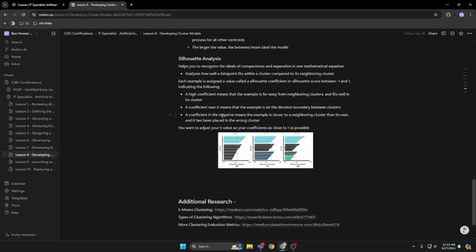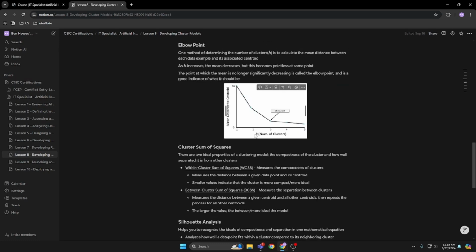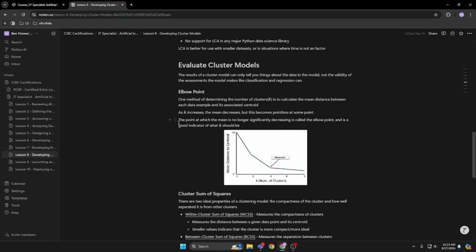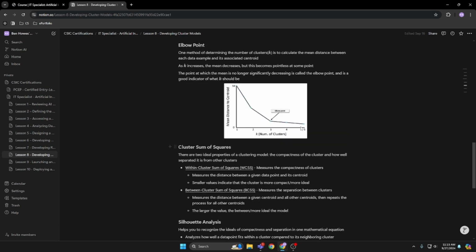It talked about some ways to analyze how good your model is, and again, to mitigate the amount of error as much as possible.